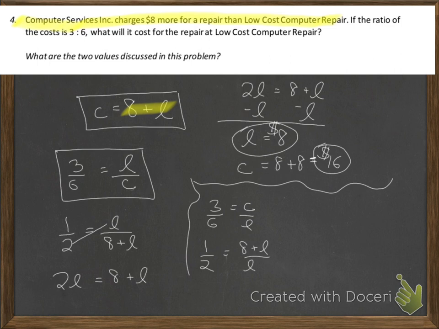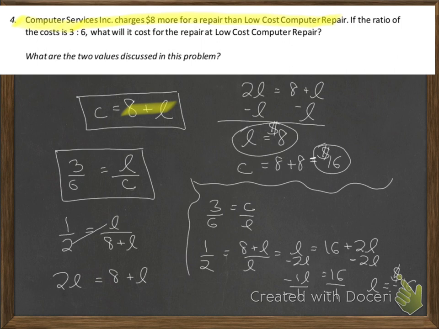If I cross multiply, I get L is equal to 16 plus 2L. Then if I subtract 2L from both sides, I get negative 1L is equal to 16. If I divide both sides by negative 1, I get L is equal to negative $16.